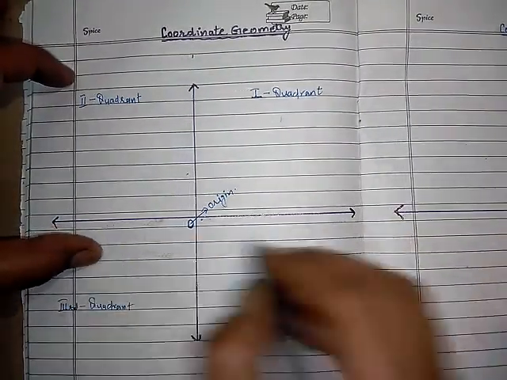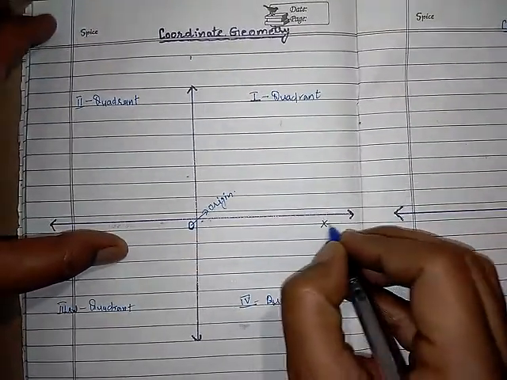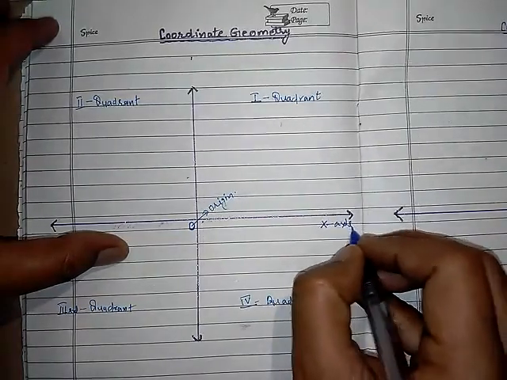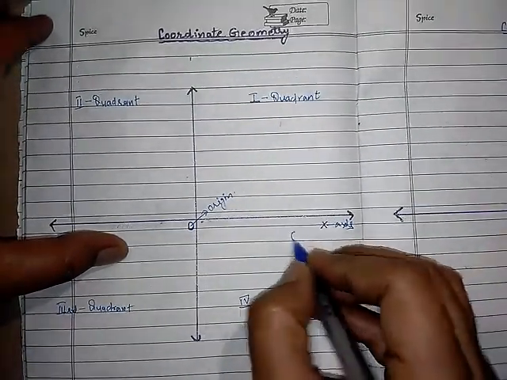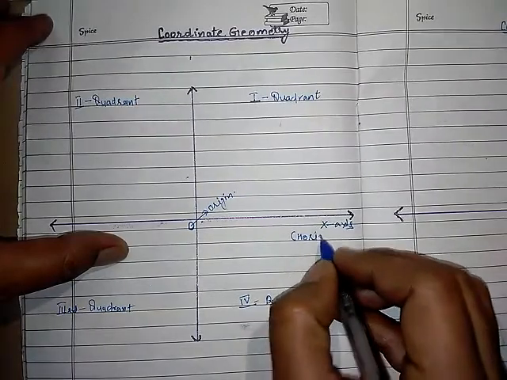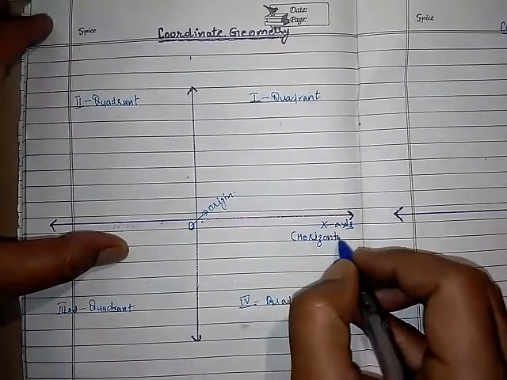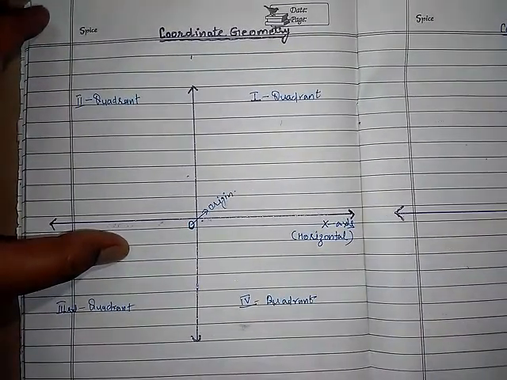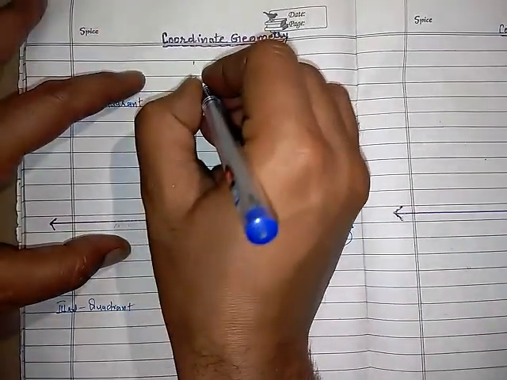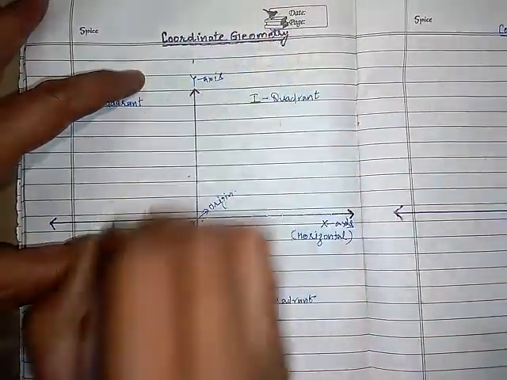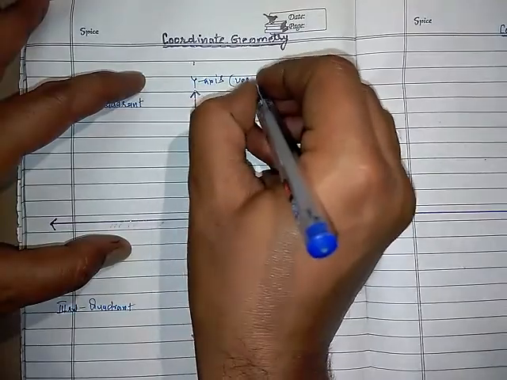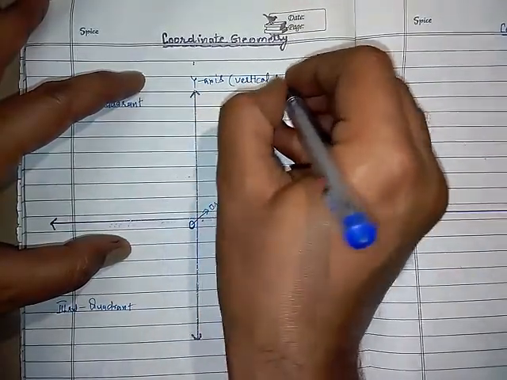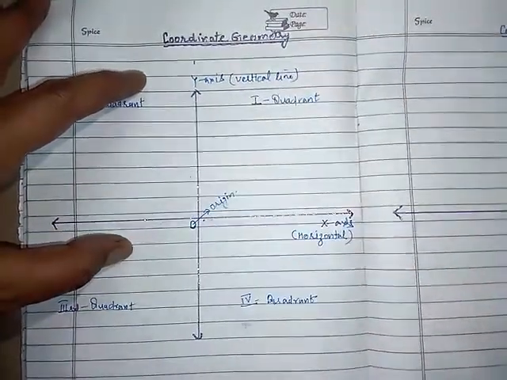And what is the name of this line? This is called the x-axis, also called the horizontal line, and this is called the y-axis. What is the other name of this? This is also called the vertical line.